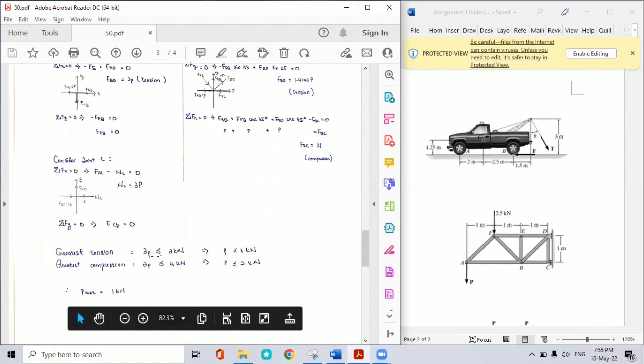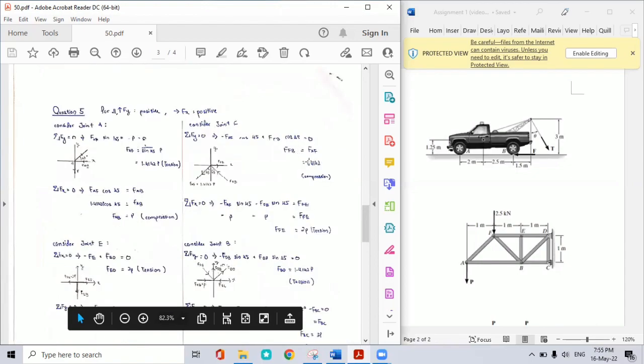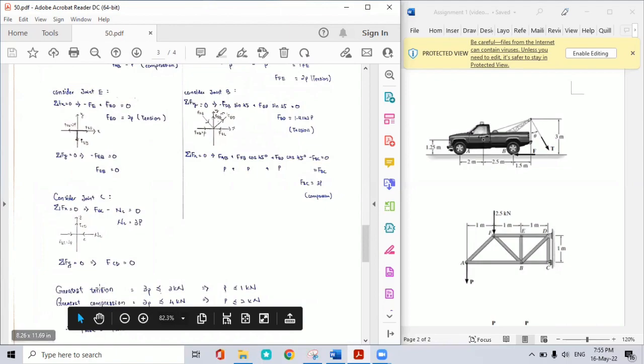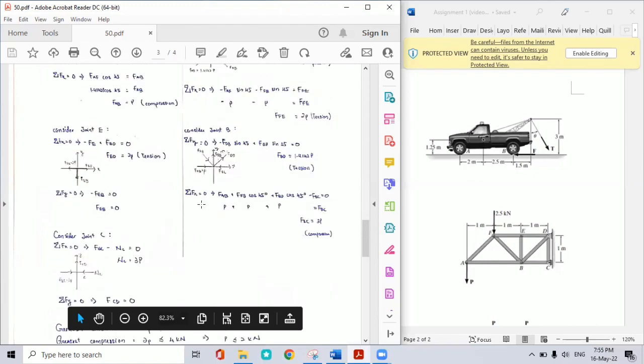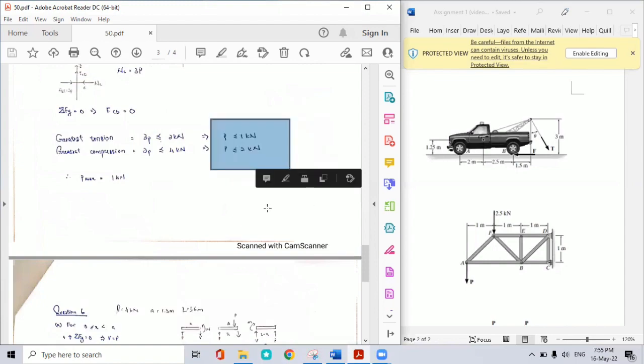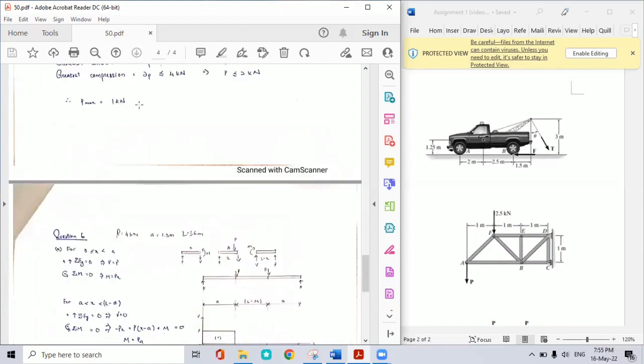For the greatest tension, we have 3P. Among compressions, the greatest magnitude is 3P. Among tension, the greatest magnitude is 2P. After that, we just calculate these things, and then we will get P equal to 1 kN. After that, we will get the P max equal to 1 kilonewton.